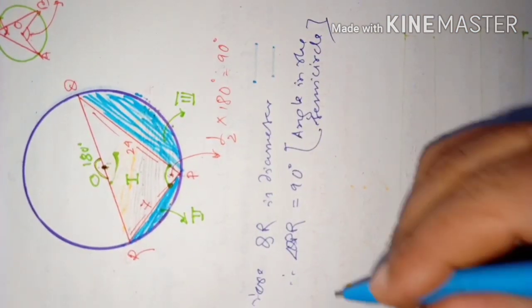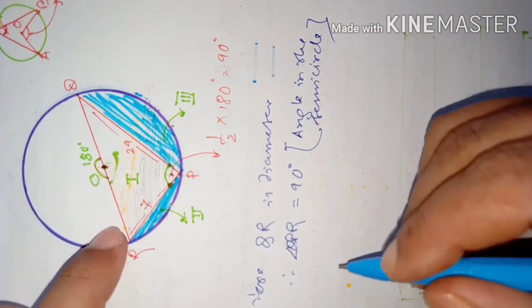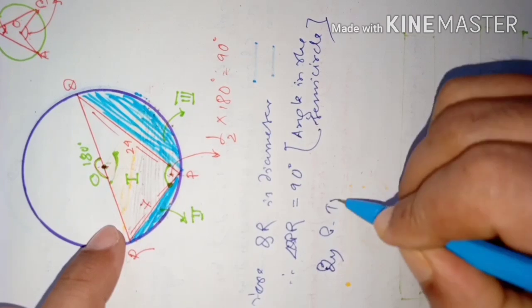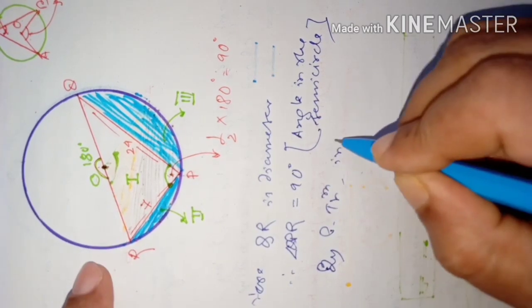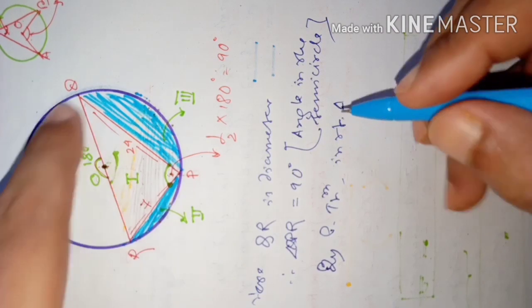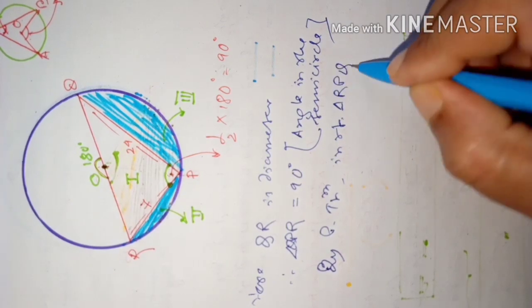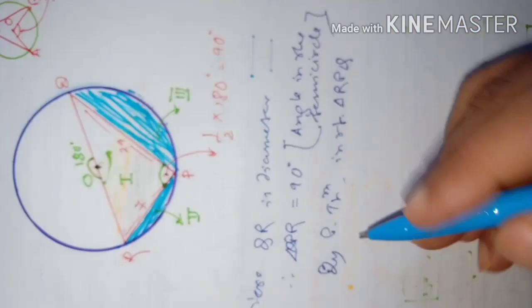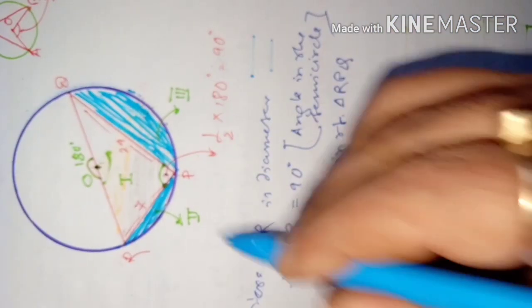So after that you will say here by Pythagoras theorem, in right triangle RPQ, if we apply Pythagoras theorem, we will be able to know the length of QR. QR is hypotenuse here, because this is 90 degree angle.